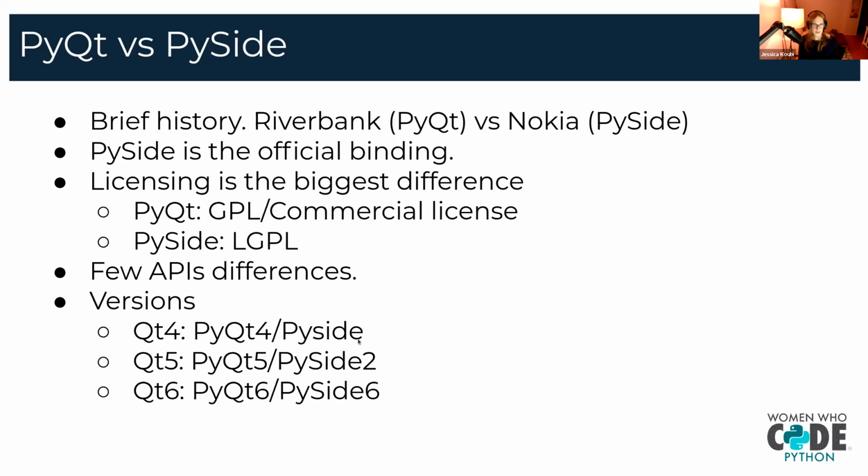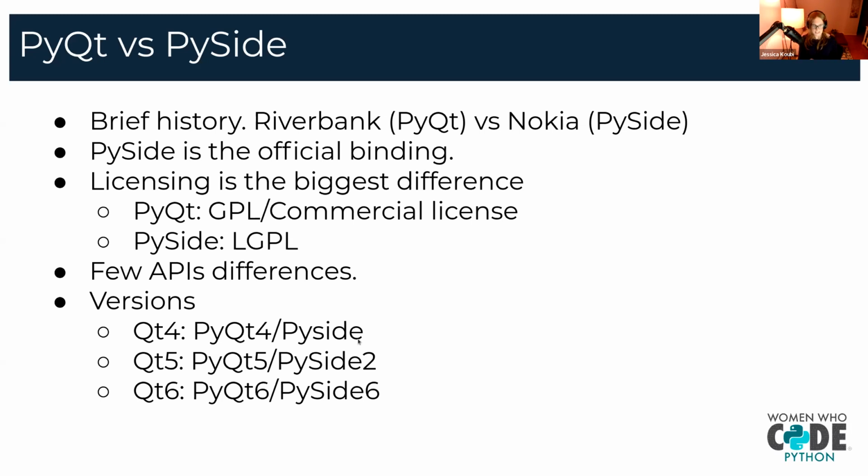Now for a brief history of PyQt and PySide, and why there are 2 versions. PyQt was developed by Phil Thompson of Riverbank Computing, and it's been around for many years. The first version was supporting Qt 2.